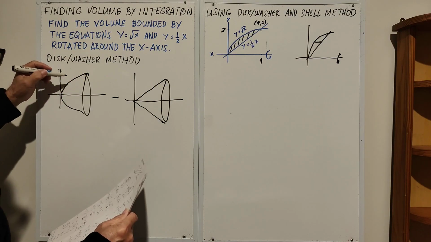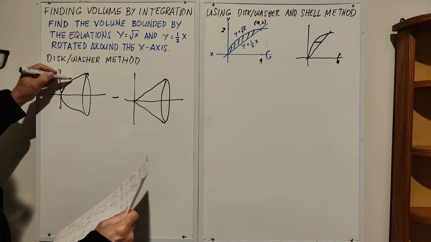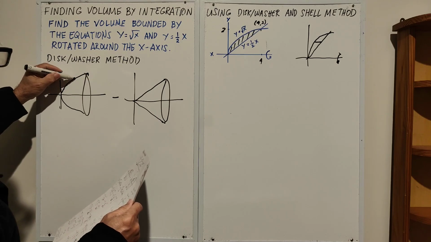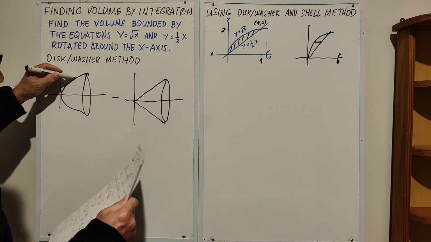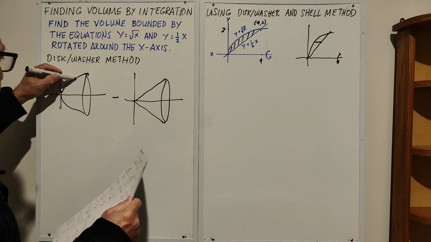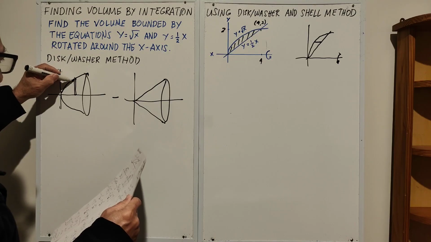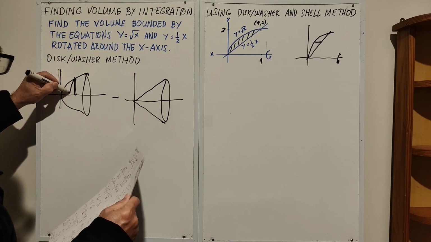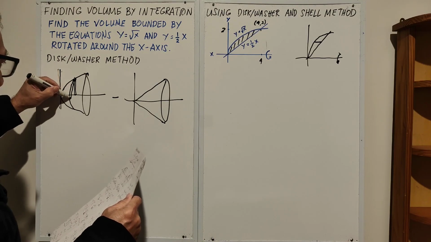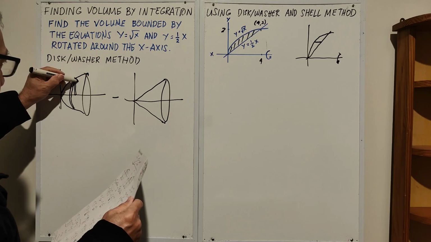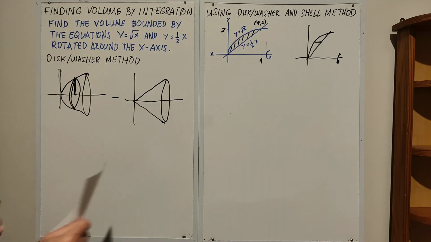If we get a small slice, this is your slice, this is your thickness, and then we rotate it around. It will be looking like that.